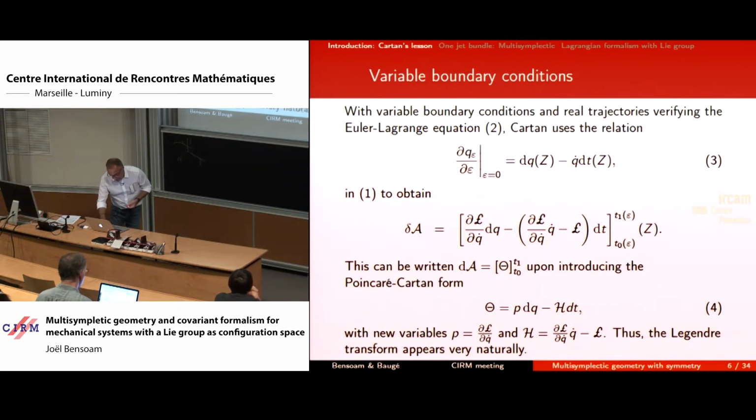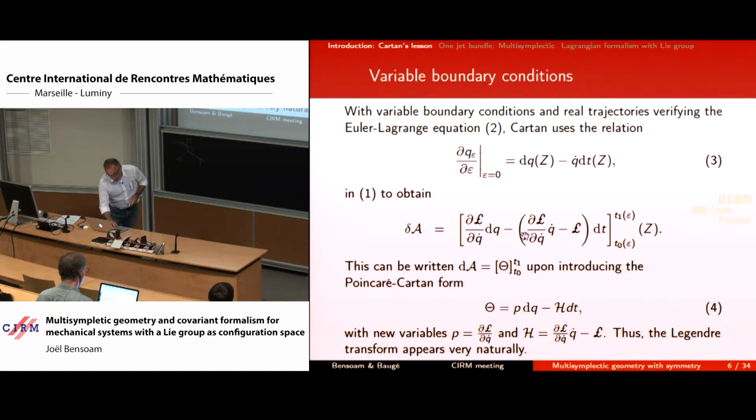But he noticed that if you now choose a curve that is a solution of the Euler-Lagrange equations, and you choose a variation that varies on the boundary, then the variation of the action is described by these terms.